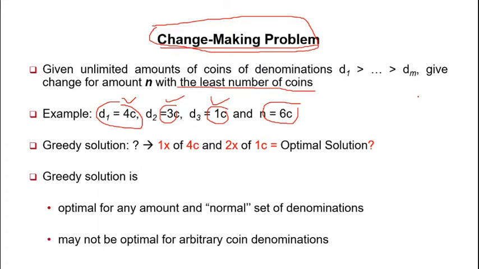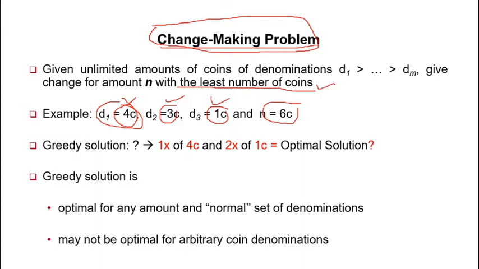For the greedy design strategy, the goal is the least number of coins. The idea is very simple. We start with the highest value of the denomination, for example here 4 cent, and then the second, the third. With that, the idea is we would obtain the least number of coins.